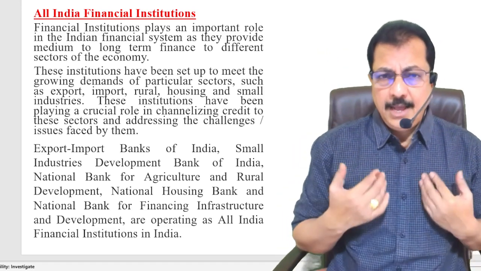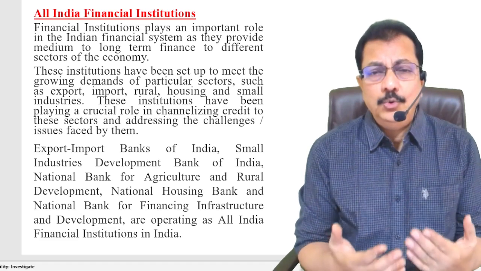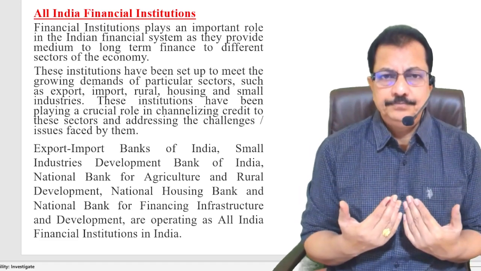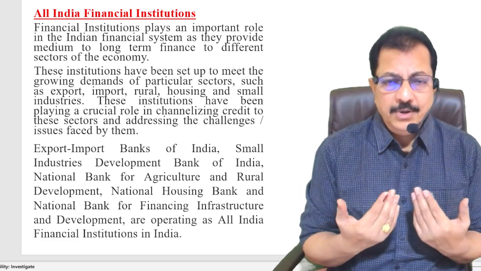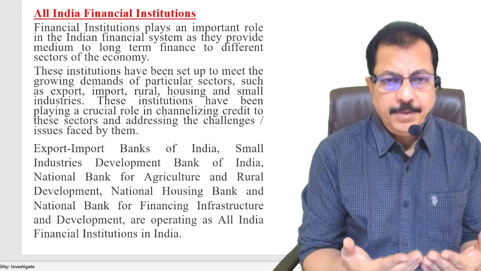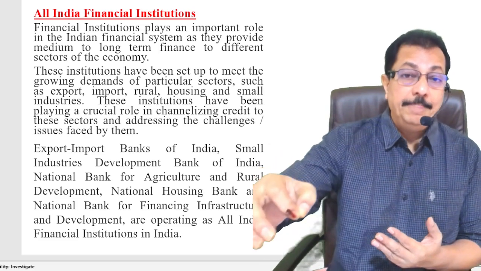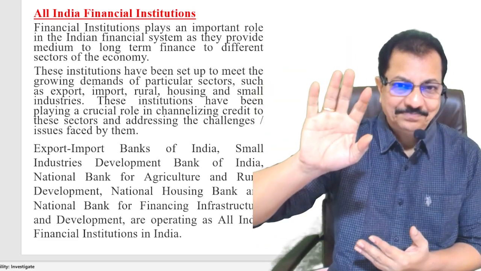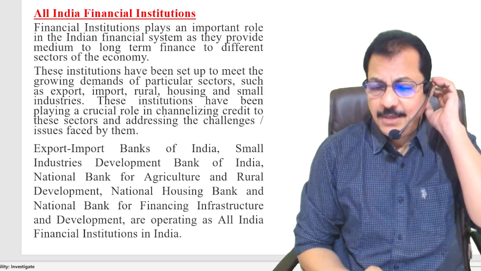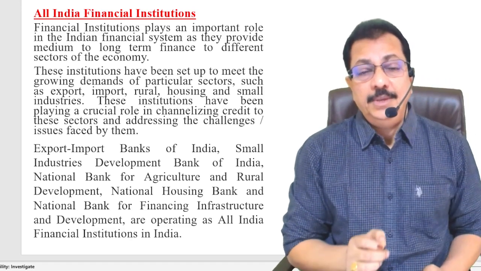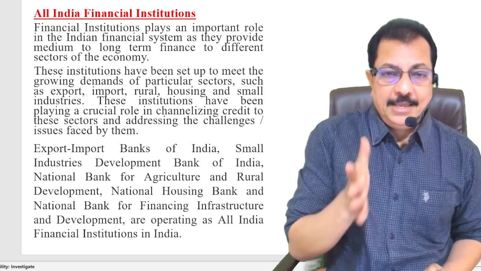Very important. I cannot directly go to NABARD and take the loan. Clear? Right? NABARD will not give loans directly to the people. But NABARD was established to serve the needs of rural development and agriculture. Clear?